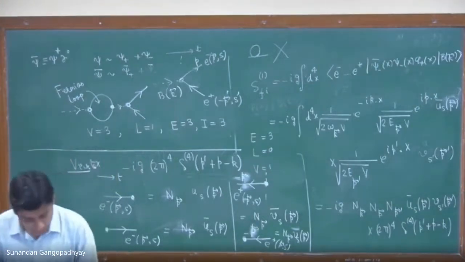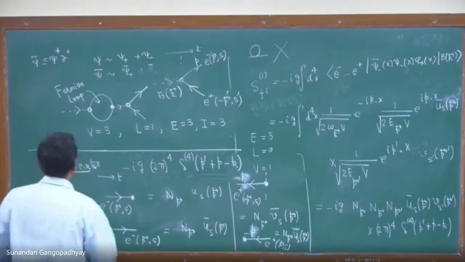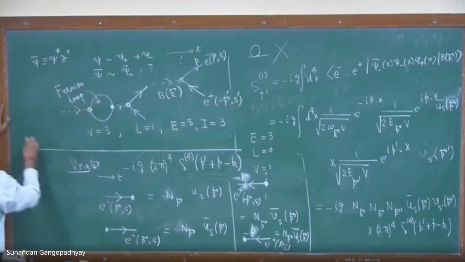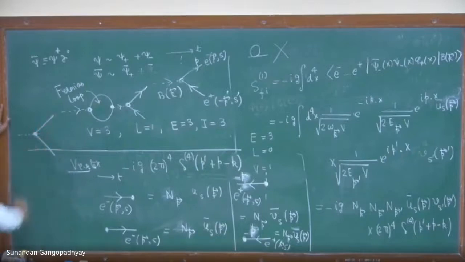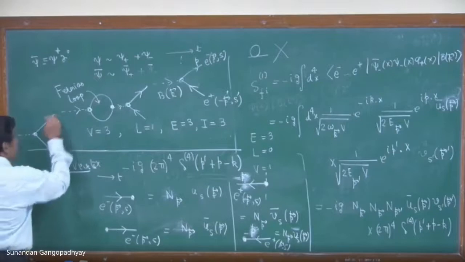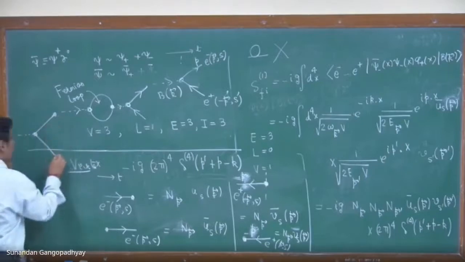Then there can be other diagrams also. For example, this is a fermion loop, right? Now, suppose at third order you can get this is the vertex. And since this is a third order diagram, we have three vertices.